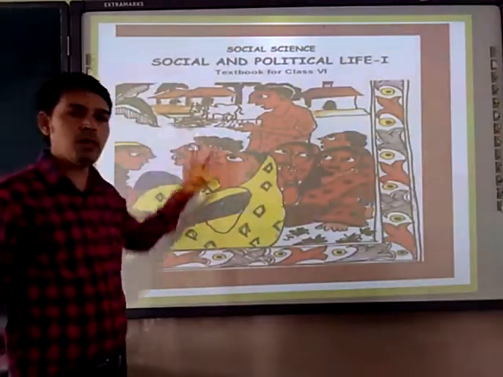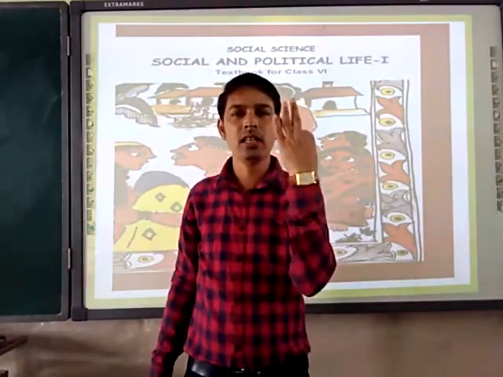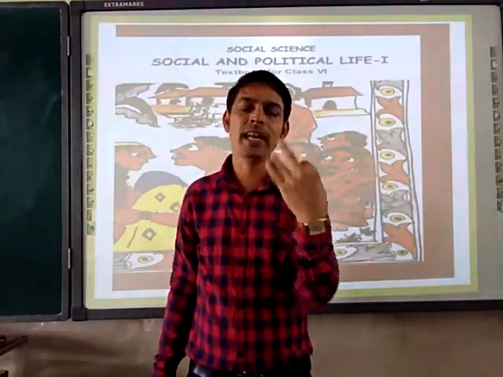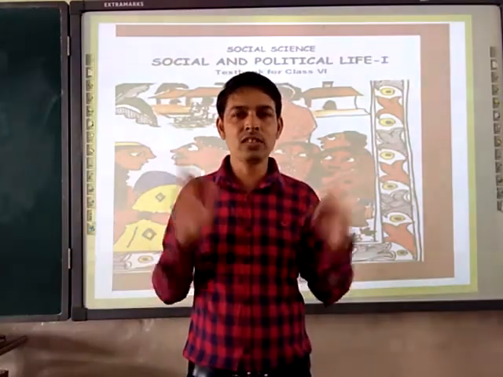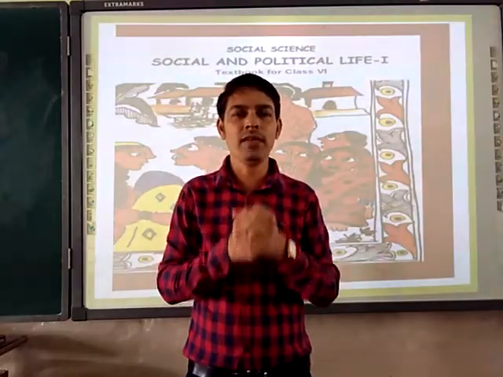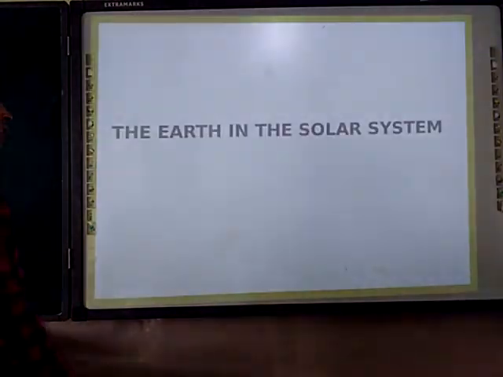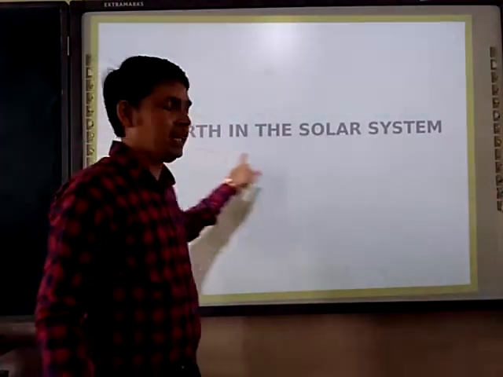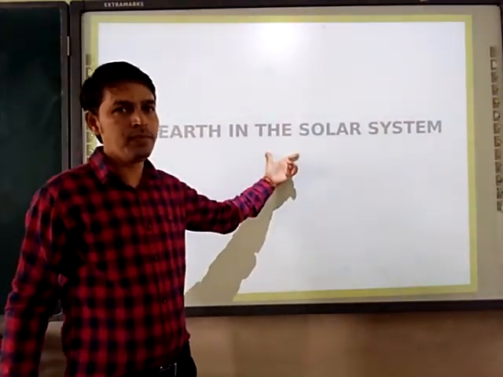This is the cover page of the civics textbook. In social science, we are going to have 3 textbooks, and I am going to explain each and everything to you. Please go through the names of the chapters once again. The first chapter we are going to study is from geography, the Earth in the Solar System.